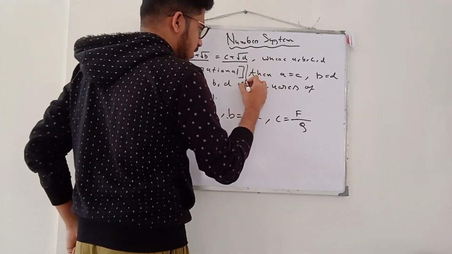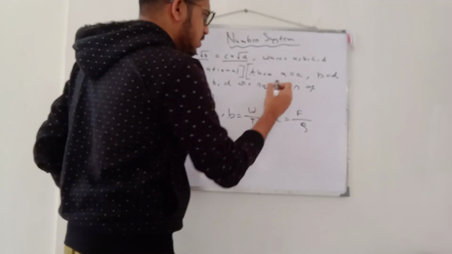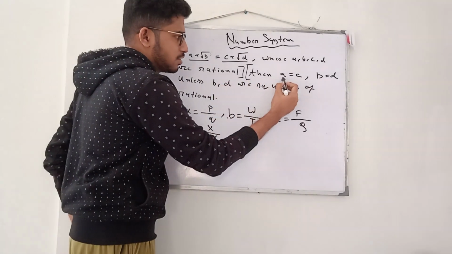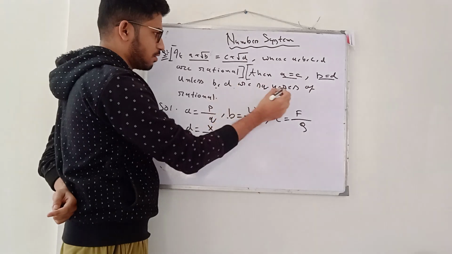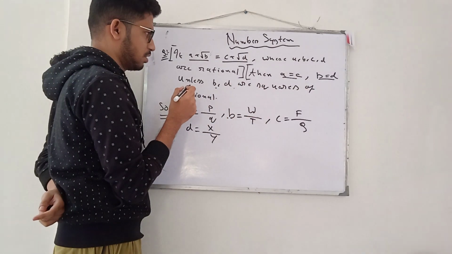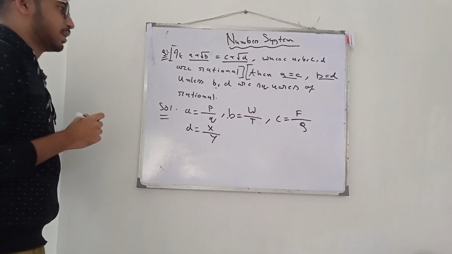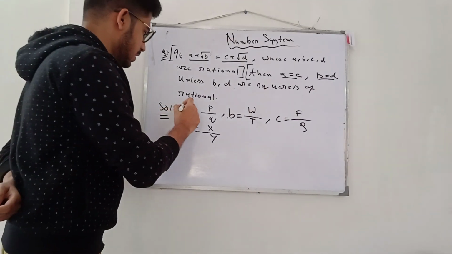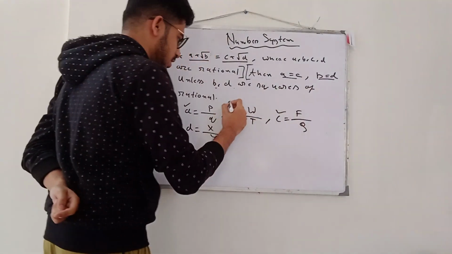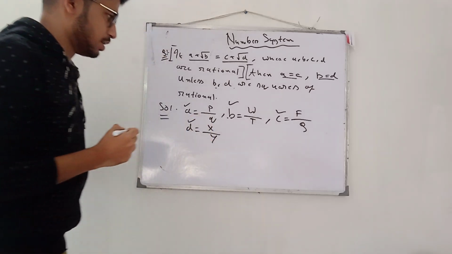Now from this part, then a is equal to c. They are saying that a is equal to c and b is equal to d, unless b, d are squares of rational. That means this one is equal to c and this one is equal to d.